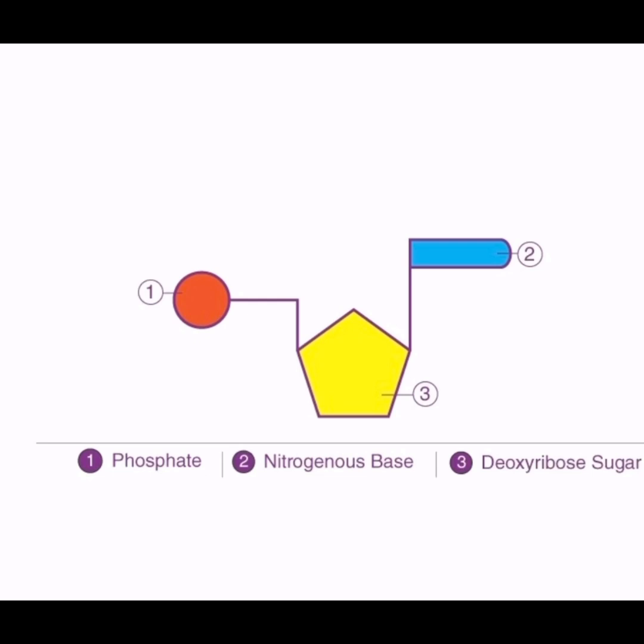DNA structure. The DNA structure can be thought of as a twisted ladder. This structure is described as a double helix as illustrated in this particular figure. It is a nucleic acid, and all nucleic acids are made up of nucleotides.